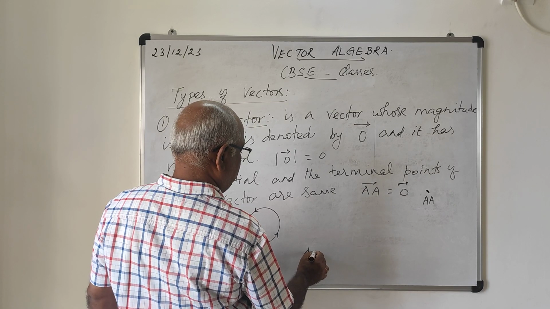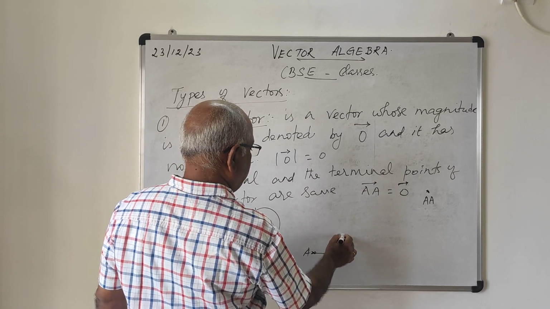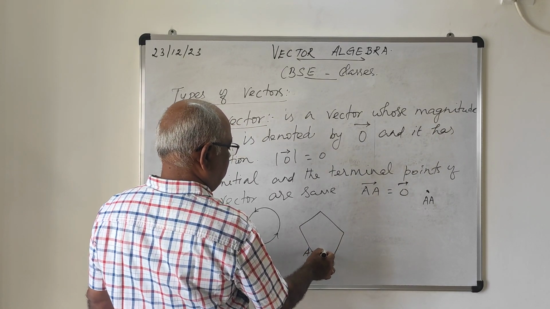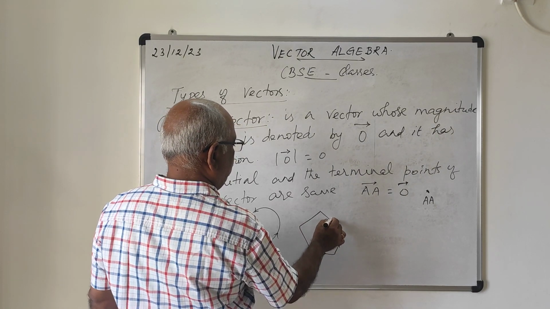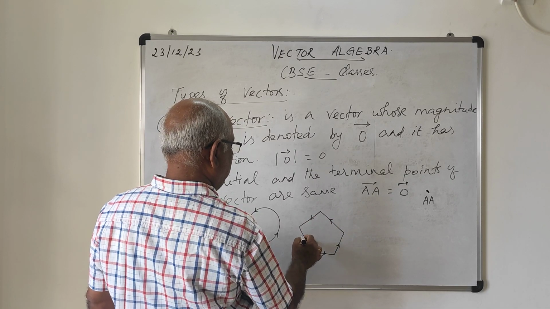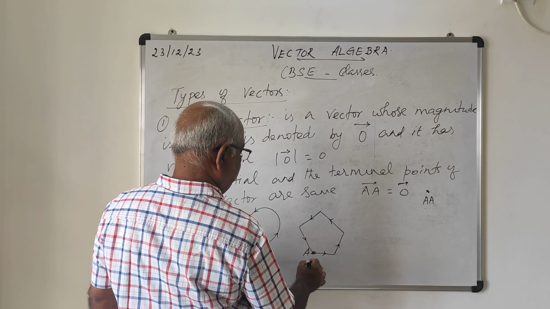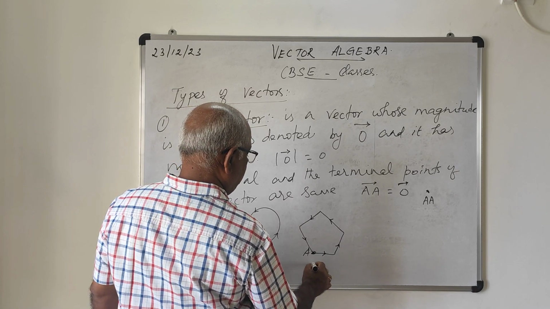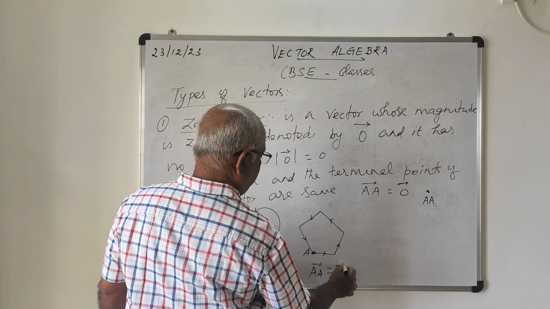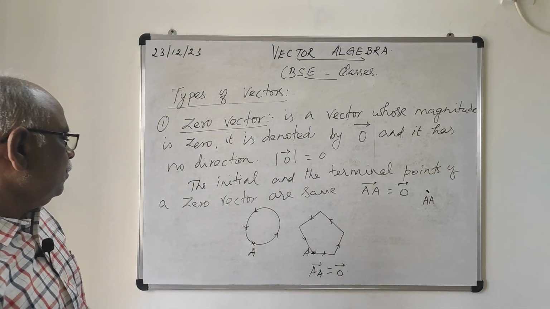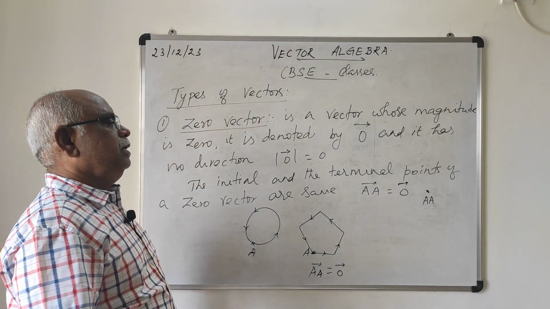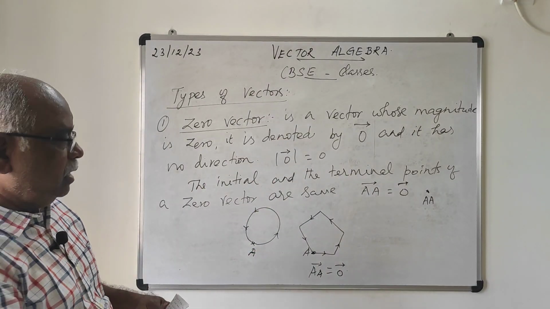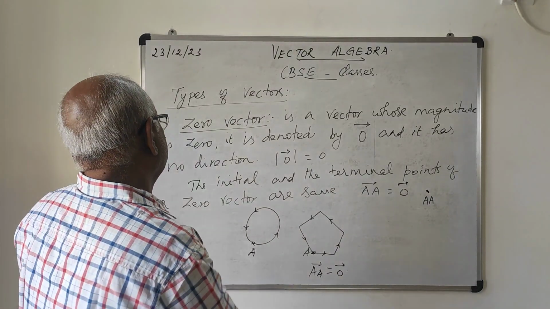This is the point A, B, C, D, E, again A. Like that, if you go on with the different points, this is called the AA vector. It is given by zero vector. There is no direction. Initial and terminal points are same. Magnitude is zero. These are the features of a zero vector.